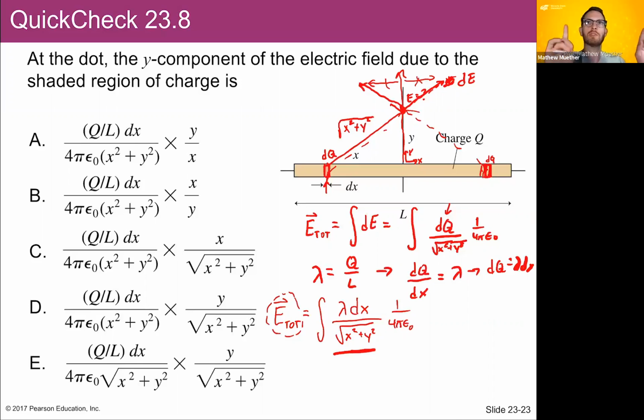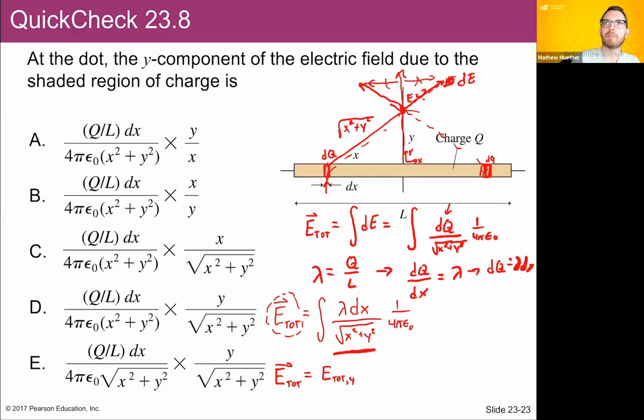So there's this symmetry. Because I'm right in the center of the rod, as I integrate over these charges of the rod, I should see that the x component of the electric field cancels out as I go across this rod. That's only because I'm sitting right at the center here, at this point of symmetry. But we're going to use that as a little bit of a trick. So the total electric field that I calculate at that point in space is going to be equal to the total electric field pointing just in the y direction.